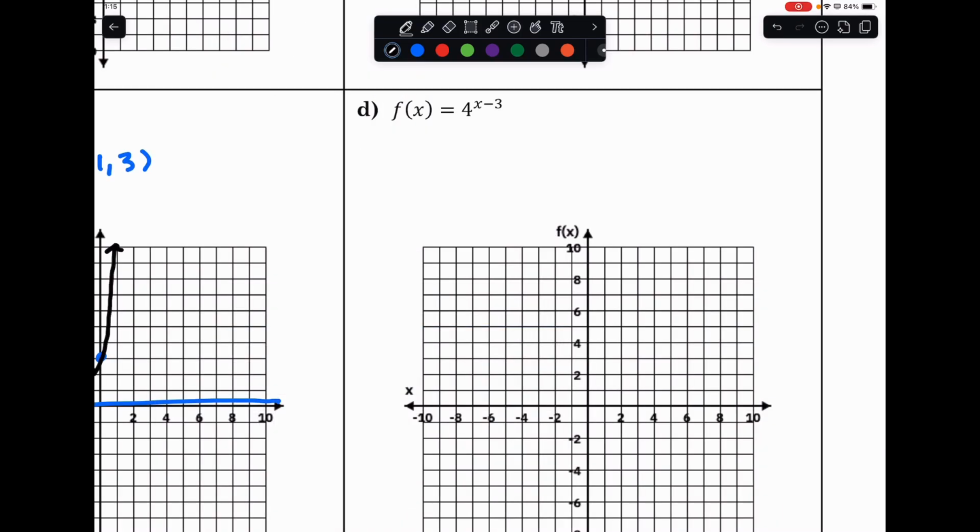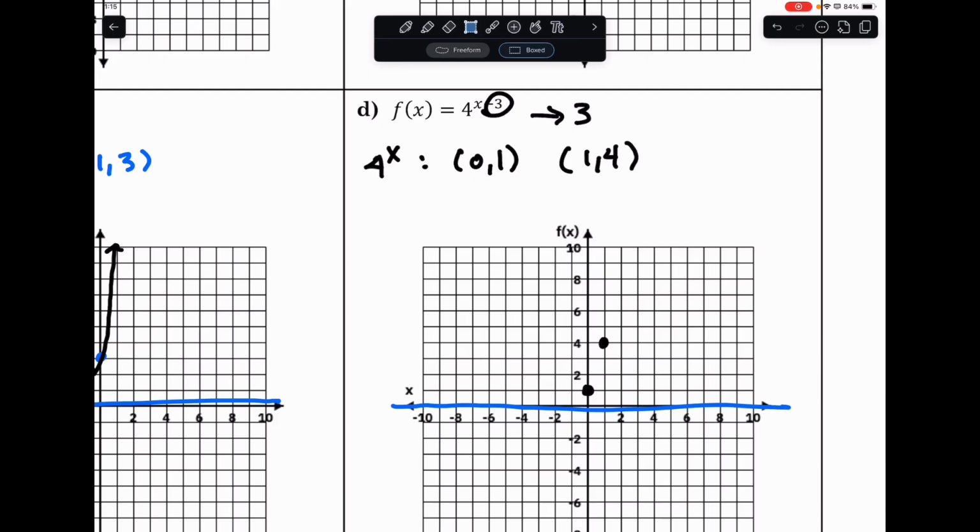And for the last example on this page, the minus 3 is going to shift the graph in a positive direction 3 units. So for 4 to the x, let me plot those points first. So 0, 1, and 1, 4. Right there.